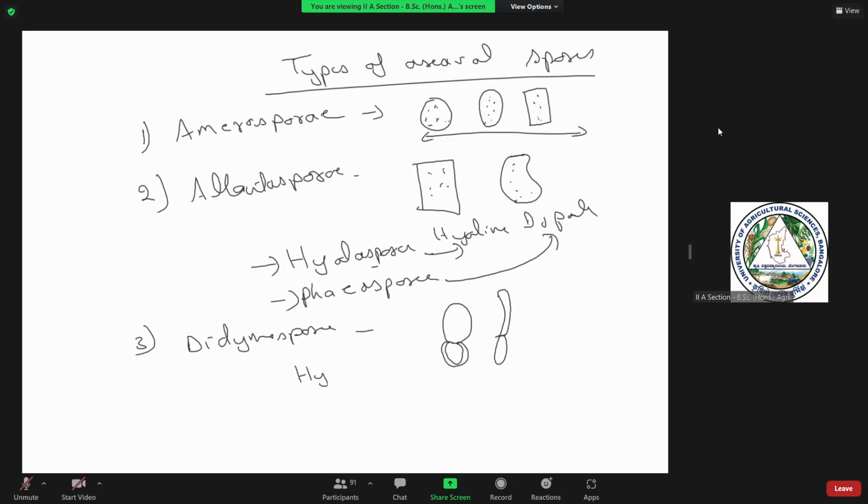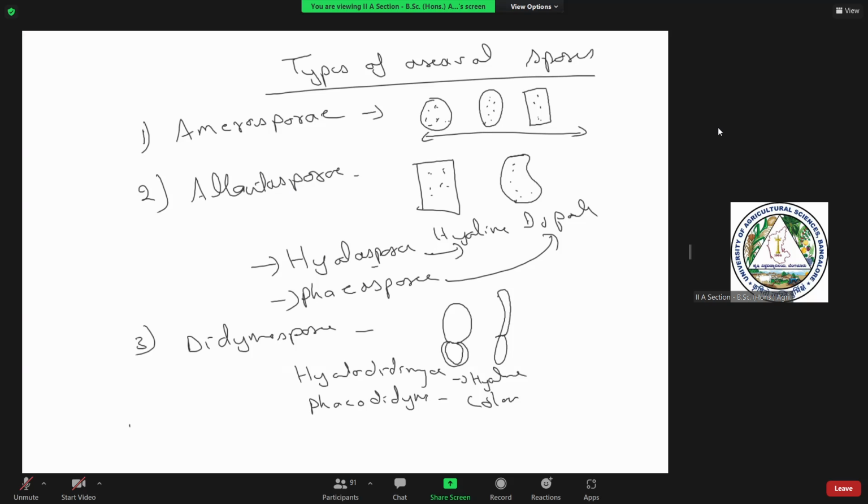Hyalodidyme means it is hyaline, colorless. And phaeodidyme is colored.